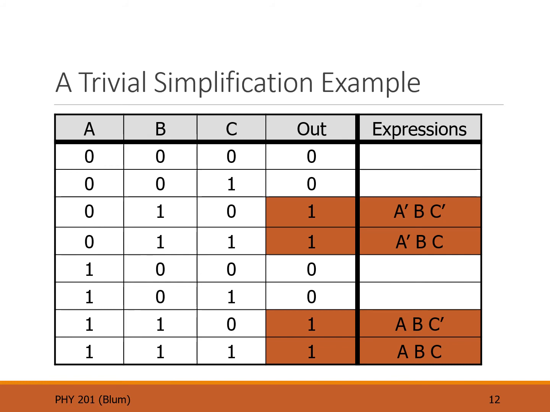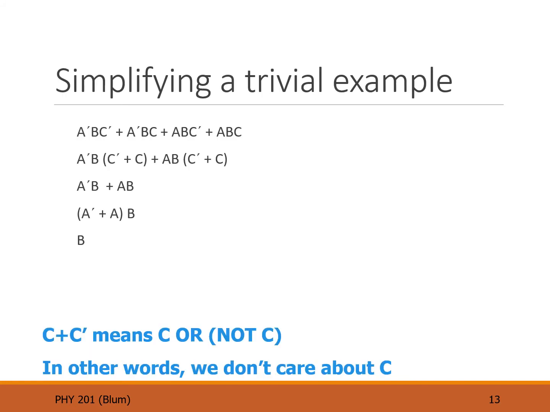The first one was A prime, B, C prime. The next one was A prime, B, C. The third one was A, B, C prime, and the last was A, B, C. So we start with our expression A prime B C prime plus A prime B C plus A B C prime plus A B C.